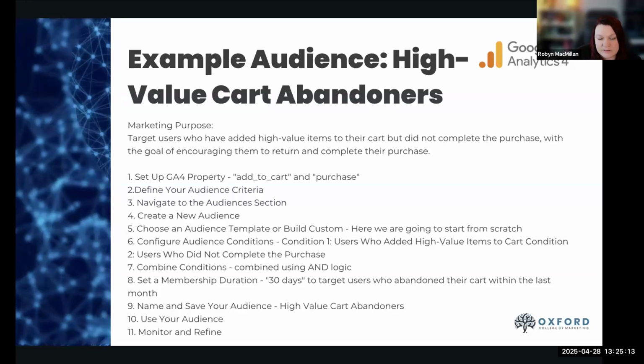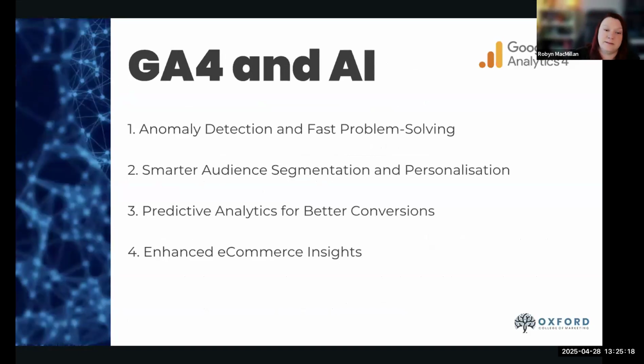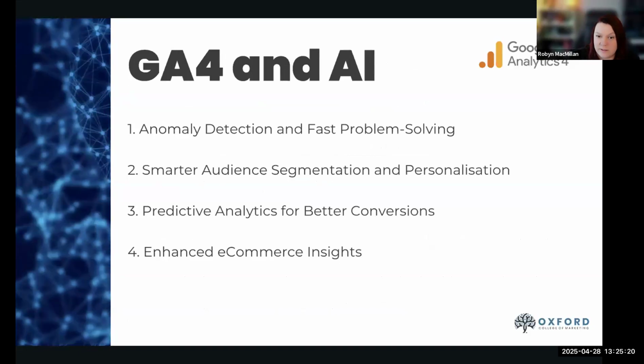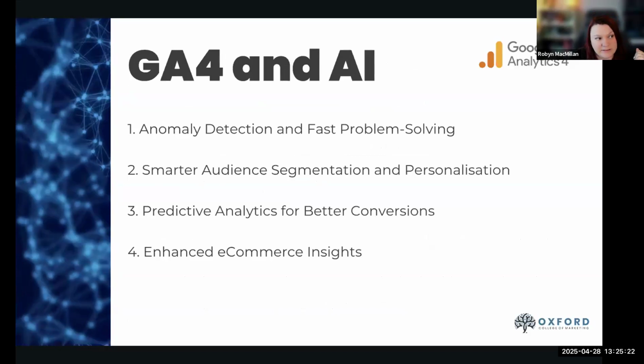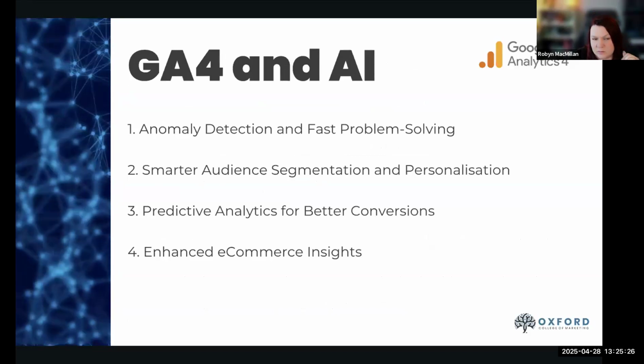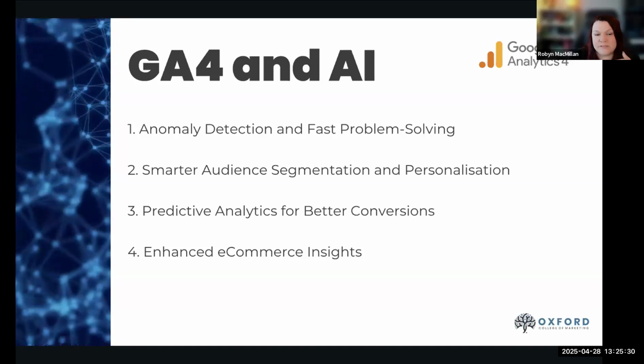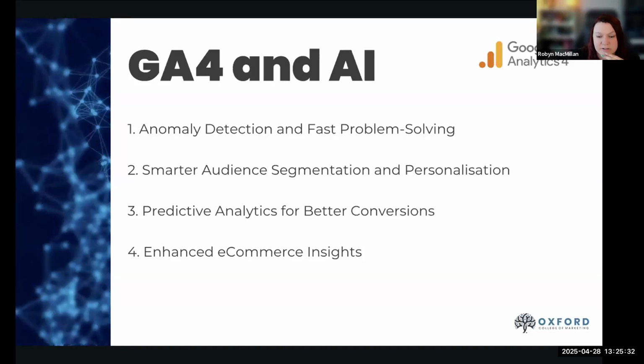And just as I get to the very end, there's some amazing ways that GA4 is integrating with AI. So we do things like anomaly detection. So if there's something not happening the way it should on your website, it can showcase that to you.